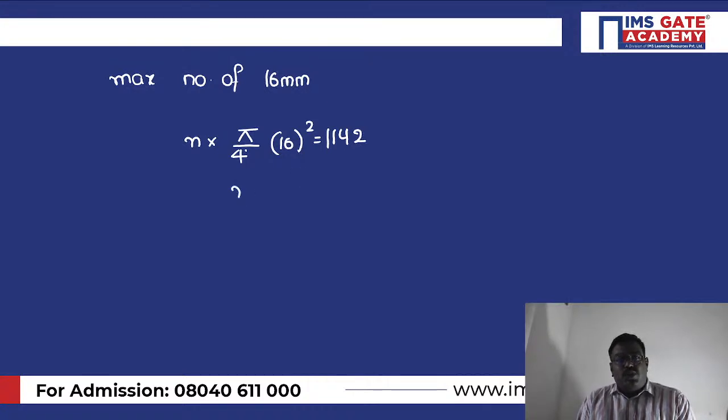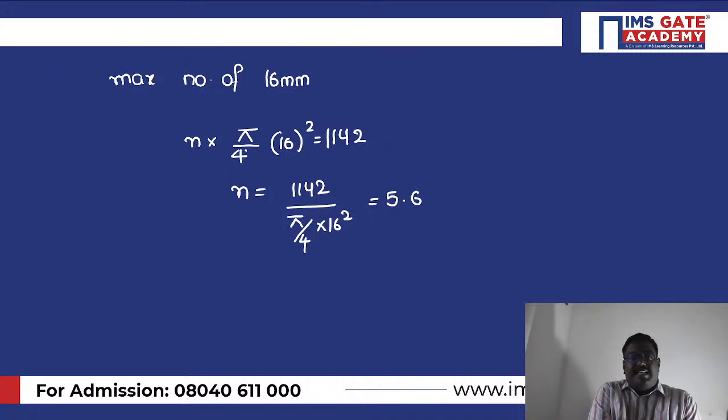Now, when I calculate the n value, 1142 divided by pi by 4 into 16 square, that will be equal to around 5.68, or you can say approximately 5.7 bars.